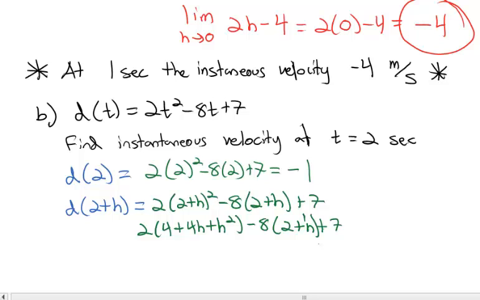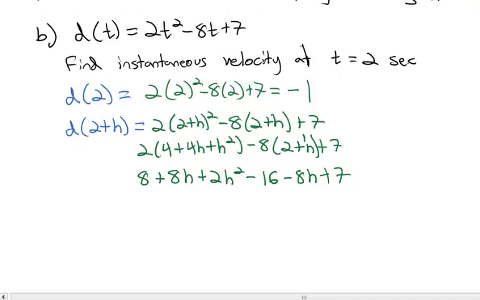Distribute through both sets of parentheses. We have 8 plus 8h plus 2h squared minus 16 minus 8h plus 7. Combining like terms, we've got the 2h squared. 8h minus 8h, that's nice, that's 0. 8 minus 16 plus 7 is -1.